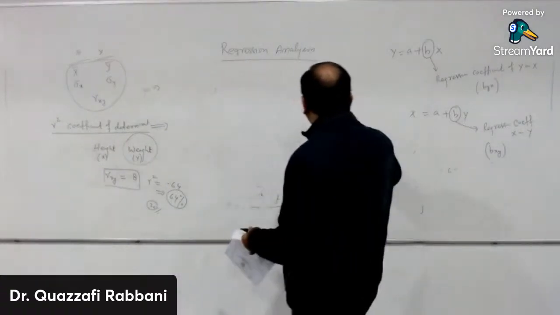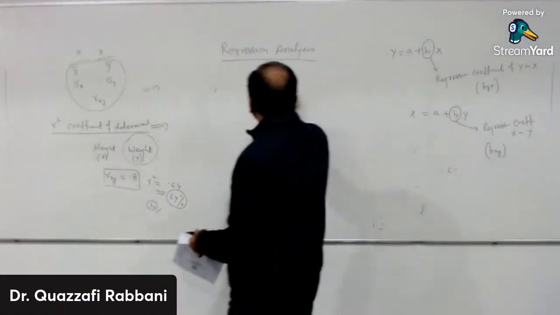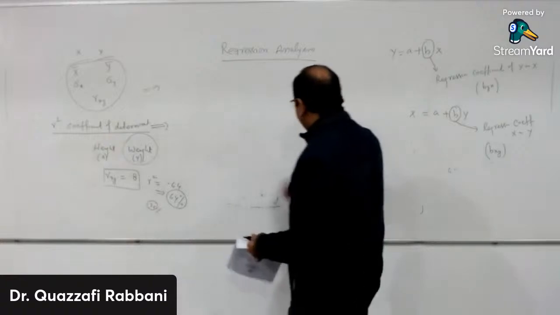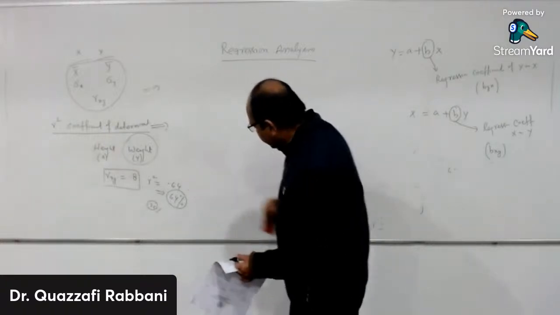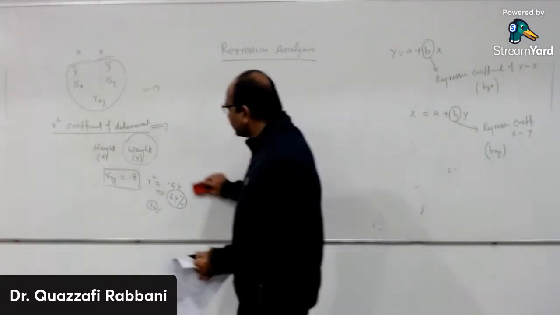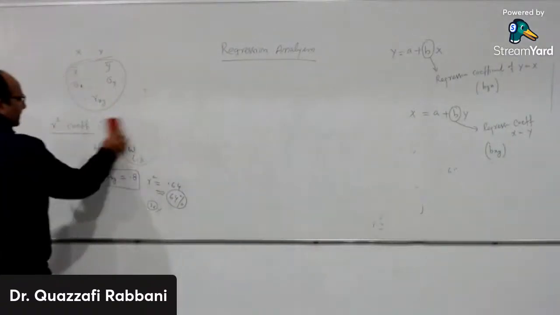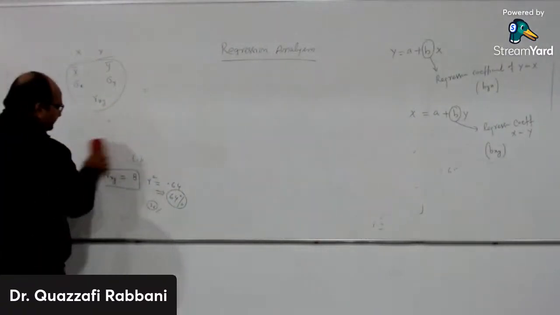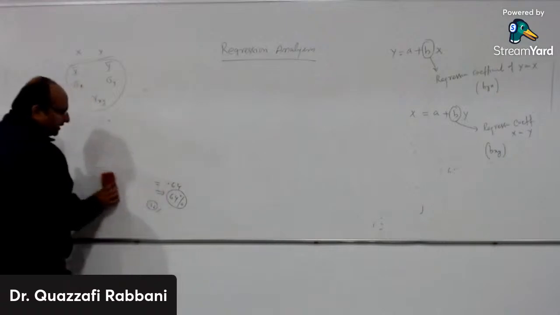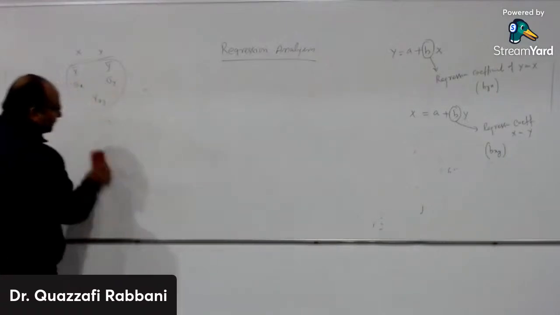This is the bivariate observation, in which we consider only two variables, one dependent variable and one independent variable.